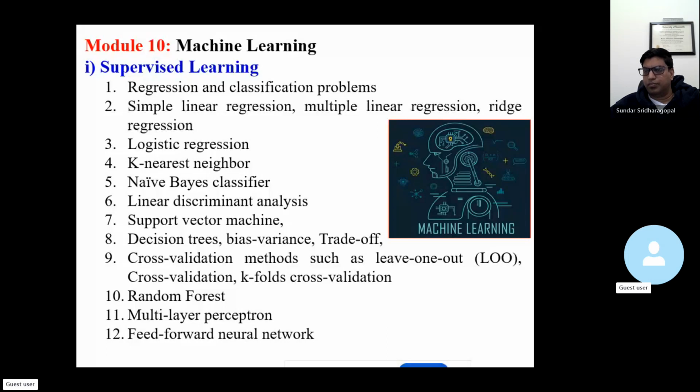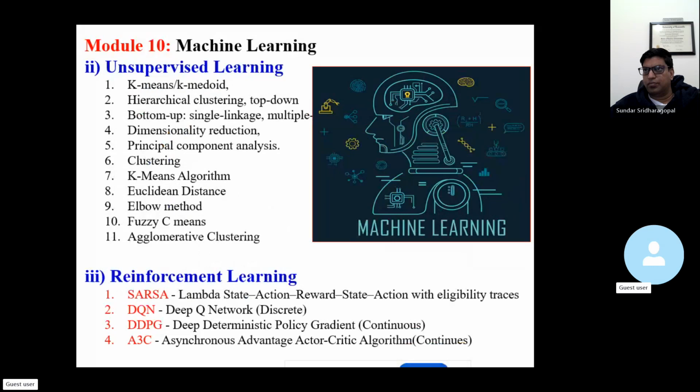Then see the second approach, unsupervised learning. Unsupervised learning is nothing but there is no label, there is no target class, but I would like to classify the data based on the similarity measure. How do you calculate similarity measure? Based on the Euclidean distance. What is meant by Euclidean distance?